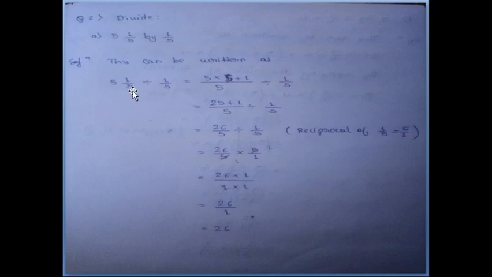So that is 5 multiplied with 5 and then add 1. So that is 5 into 5 plus 1 divided by 5 divided by 1 by 5. So that is 25 plus 1 divided by 5 divided by 1 by 5. So 25 plus 1 is 26 divided by 5 divided by 1 by 5.